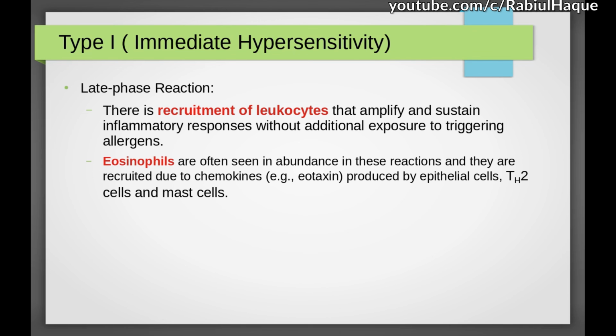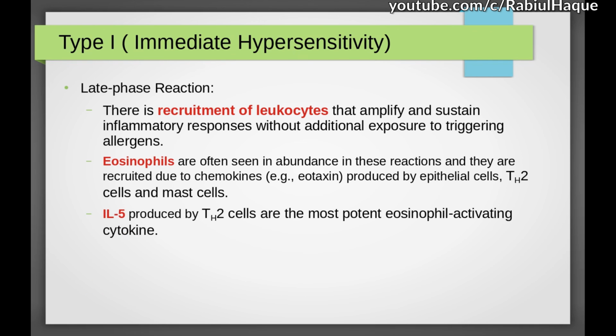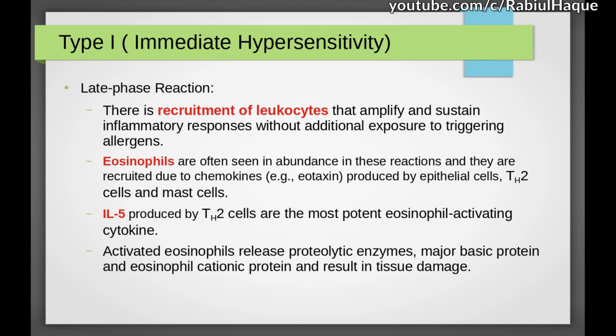So, epithelial cells, T helper 2 cells, and mast cells are producing eotaxin, and that is recruiting eosinophils. So that's why in type 1 hypersensitivity, particularly in late phase reaction, we can see abundance of eosinophils. Interleukin 5 produced by T helper 2 cells is the most potent eosinophil activating cytokine, and activated eosinophils will release proteolytic enzymes, major basic protein, and eosinophil cationic proteins, and all these things will result in tissue damage.